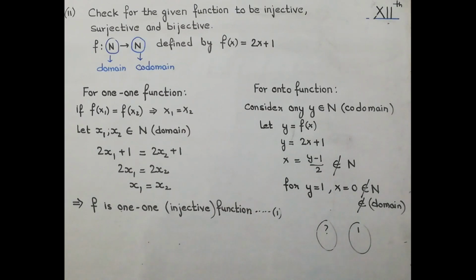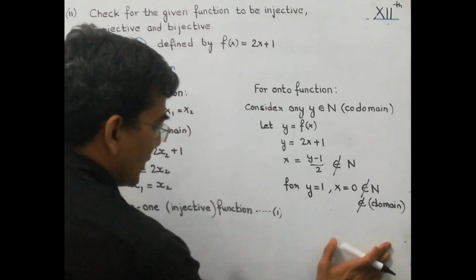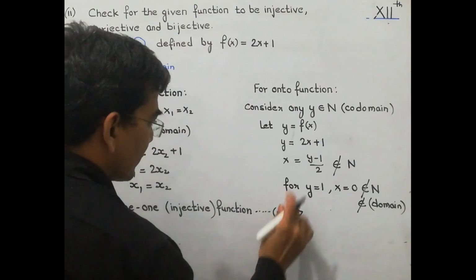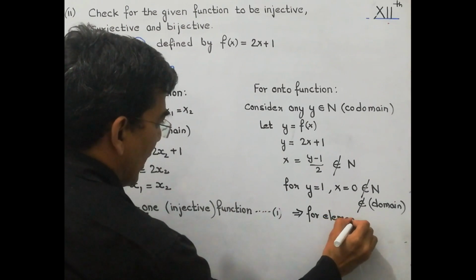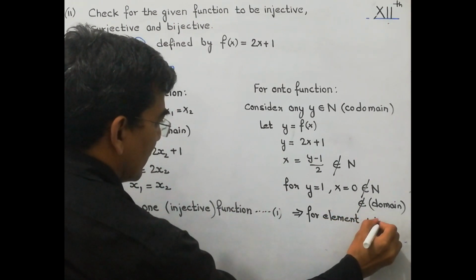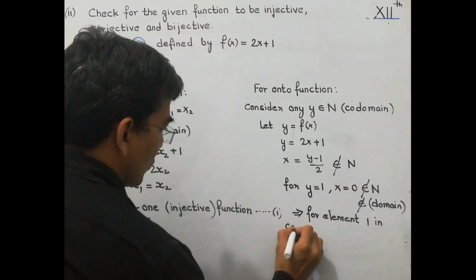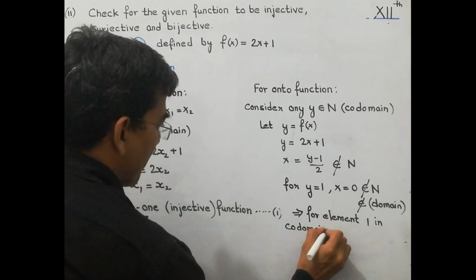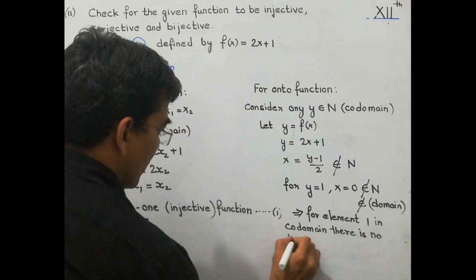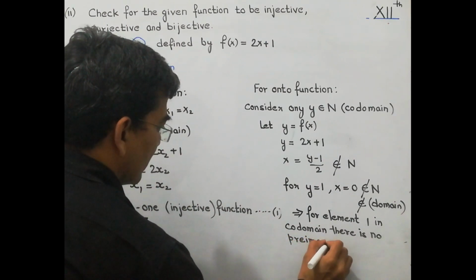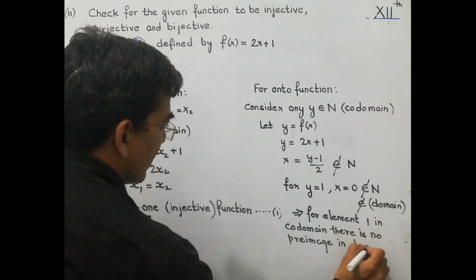So this shows that this function is not onto. So here you can write f is not onto. So here this shows that for element 1 in codomain, there is no pre-image in domain.